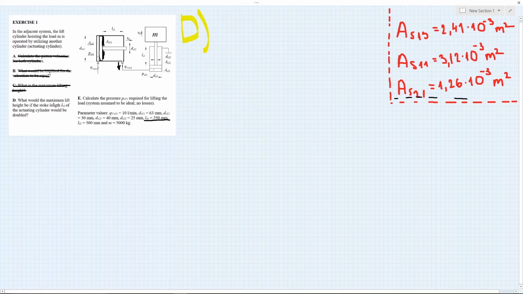And D says, what would the maximum lift height be if the stroke length LS1 of the actuating cylinder would be doubled? We have to calculate the exiting volume flow, but this time we have 2 times the stroke length 1, and we have the back ring area of the piston 1,3.